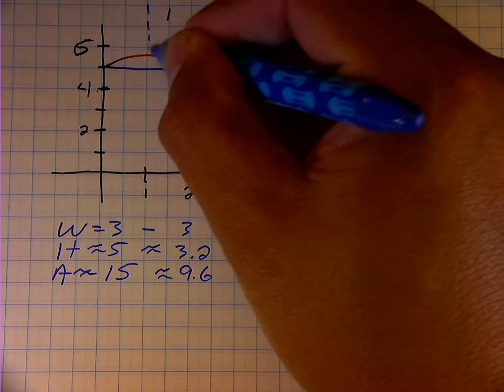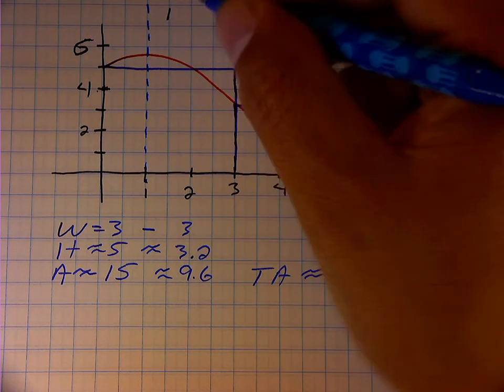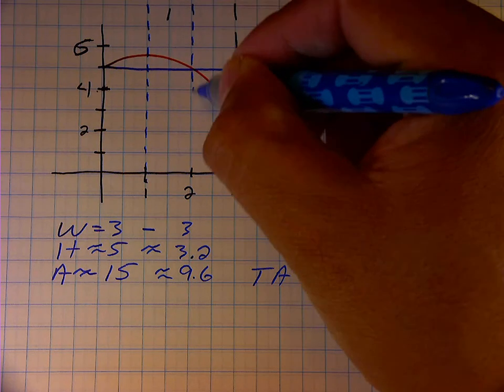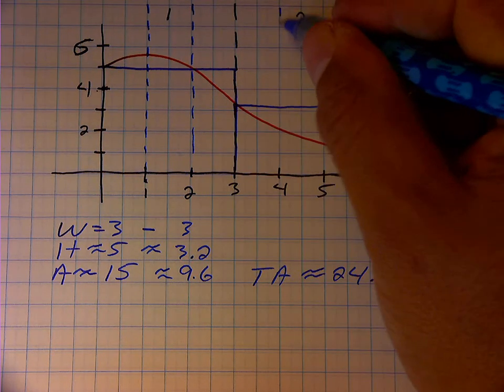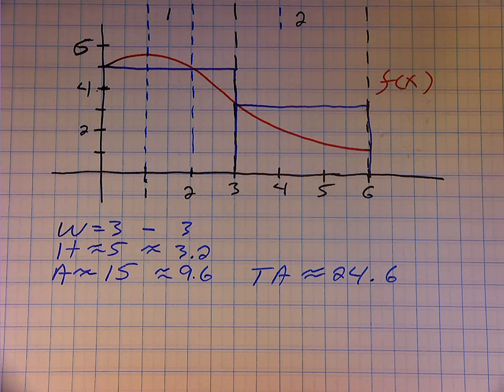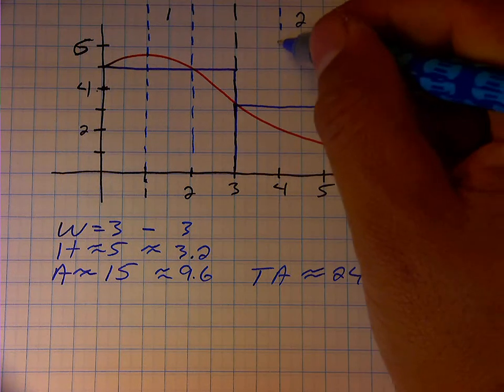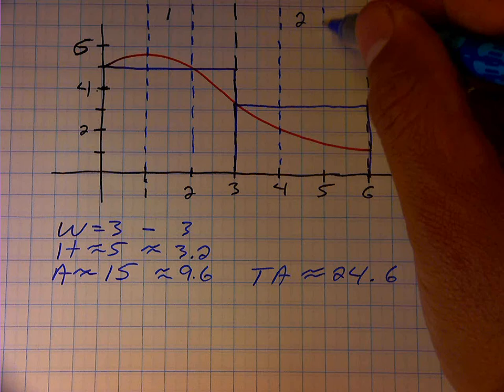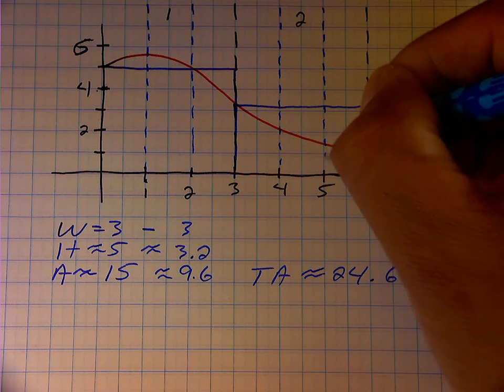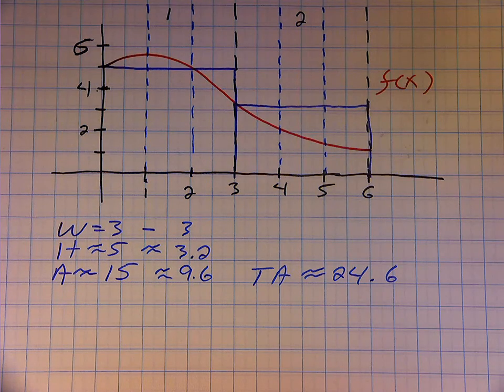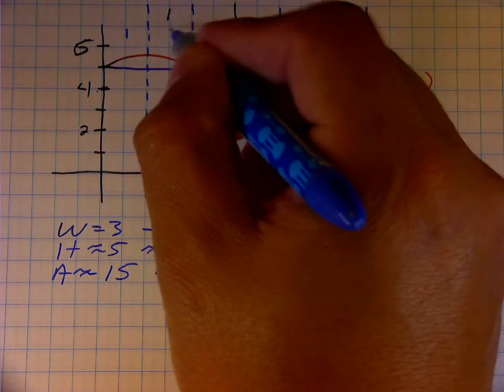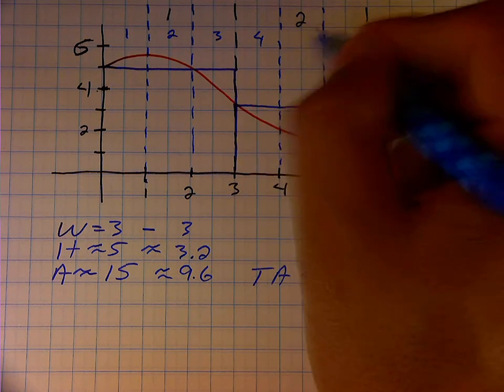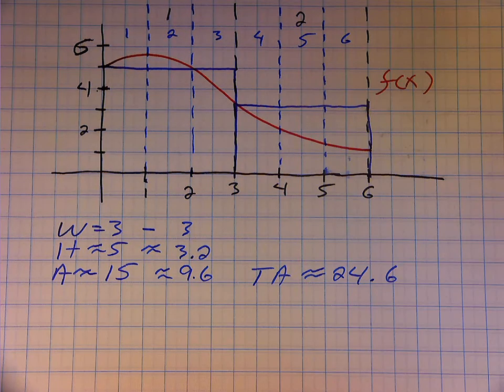I'm going to do that by taking each one of my rectangles and splitting it into 3 pieces. Now, notice I have 1, 2, 3, 4, 5, 6 potential rectangles there.